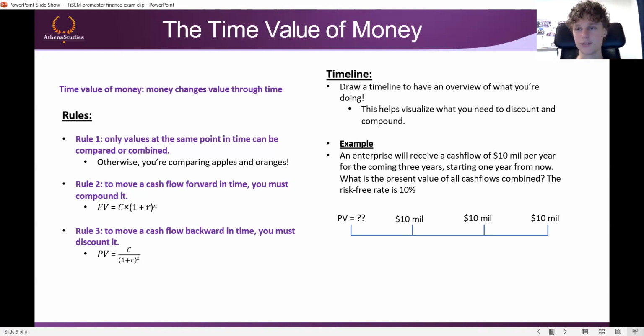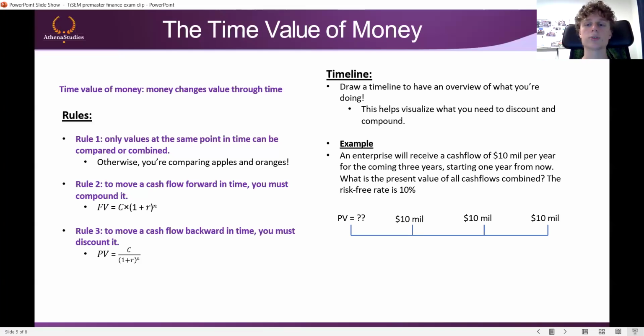Now, that roughly covers all of the theory. But before we get started with our exam level question, I'd also quickly like to give you guys one of the most important and helpful tips that can be given in finance, namely, when you are working with values through time, to avoid making it messy for yourself, always draw a timeline to have an overview of what you are doing.